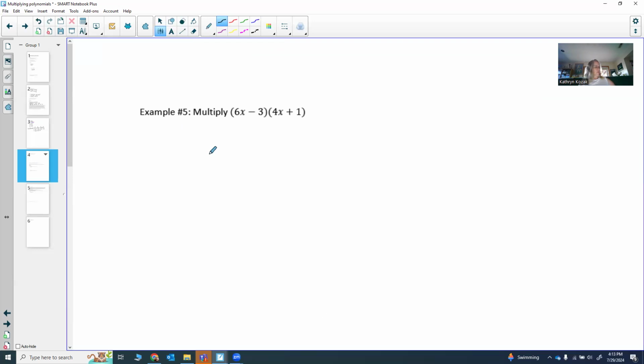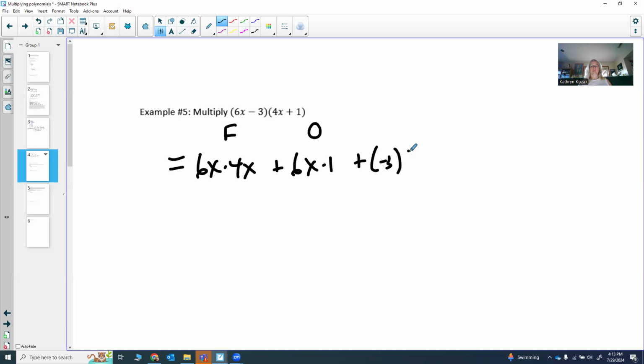Example number 5, let's multiply out 6x minus 3 times 4x plus 1, again using the FOIL method. So it's going to be 6x times 4x, that's your first, plus 6x times 1, that's your outer, plus negative 3 times 4x, that's your inner, plus negative 3 times 1, that's your last.